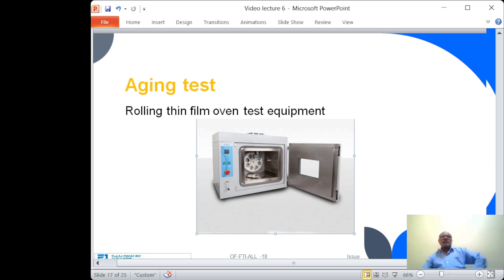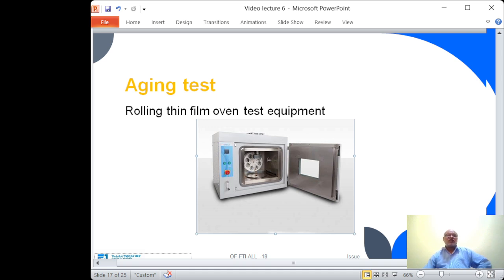The rolling thin film oven test, or RTFO test, is used to evaluate the resistance of an asphalt binder to rutting at high temperature. Rutting is the permanent deformation or groove formation in asphalt pavements caused by traffic load.